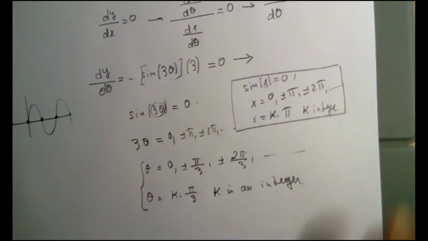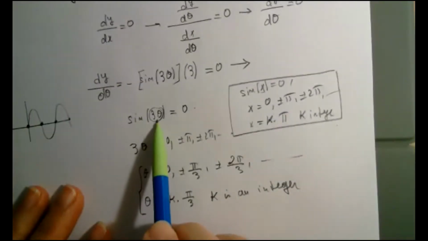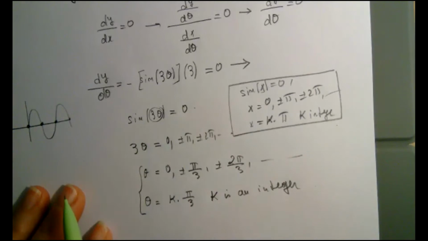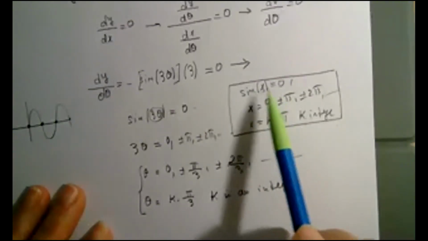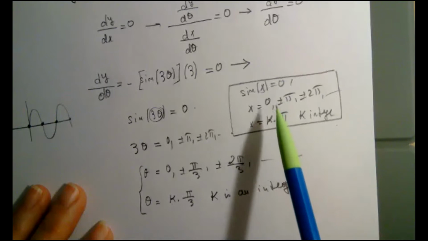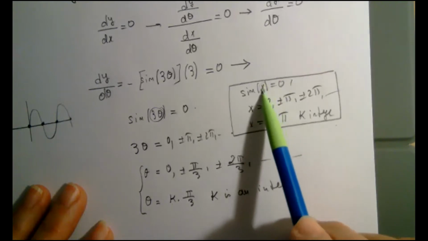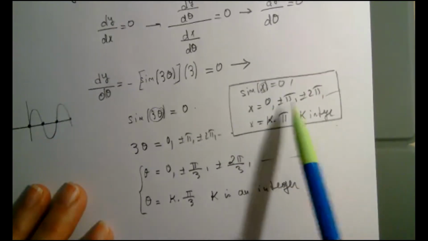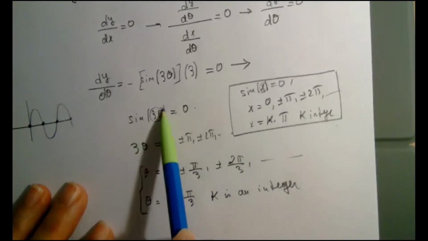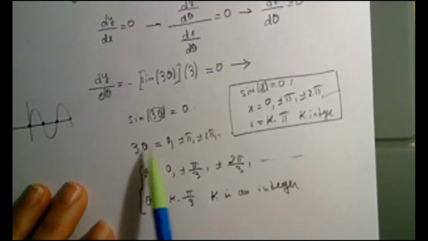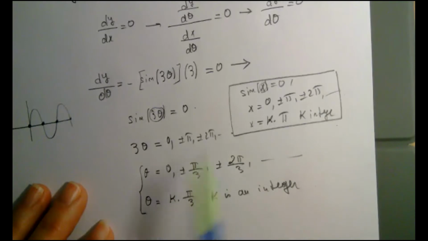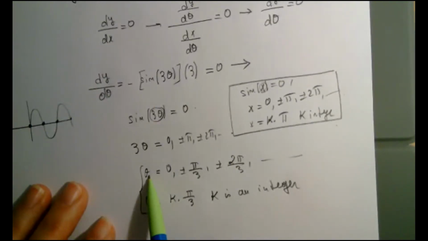So the idea really boils down to solving the sine of 3 theta equal to 0. We said in general, when is the sine 0? The sine is 0 when the angle is 0, plus or minus pi, etc. But what I have here is 3 theta. It means when 3 theta is 0, plus or minus pi, plus or minus 2 pi, I divide across by 3 because I need a condition on theta.